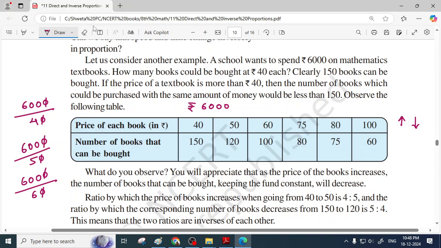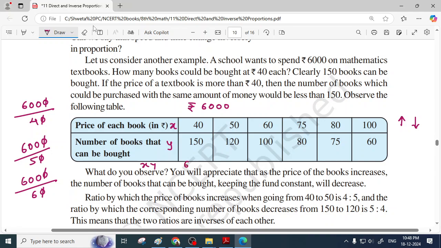Now let us observe these numbers. If we consider this as x and this as y, let us find out x into y for each pair of cost of book and number of books.